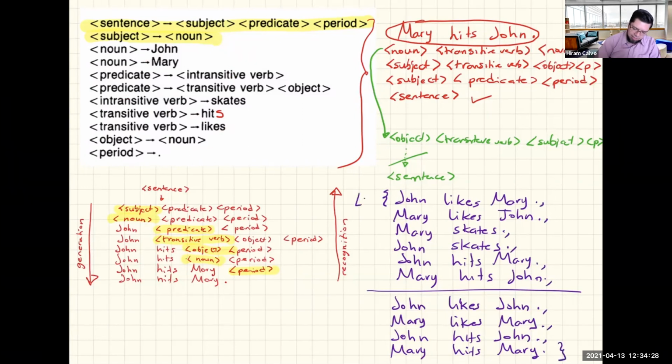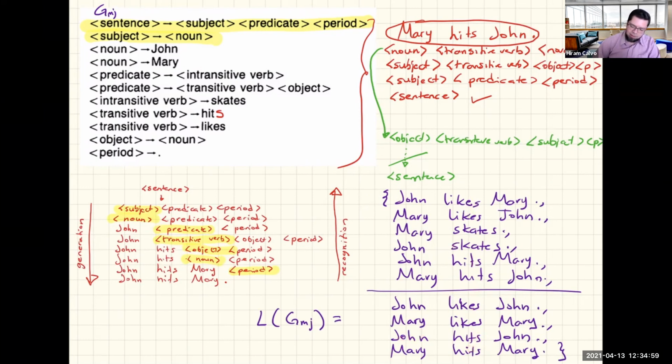So this is a language, and if we call this grammar G Mary and John, then we can say that this is the language of grammar Mary and John. So this is a set. In this case, this is a finite set.